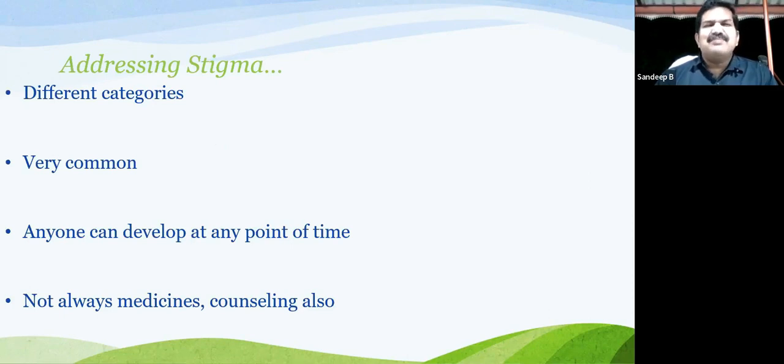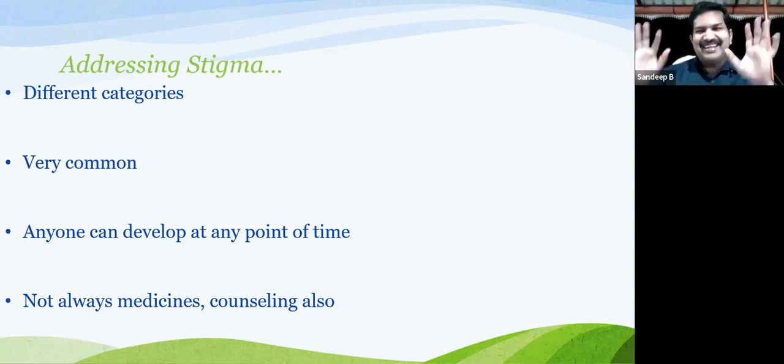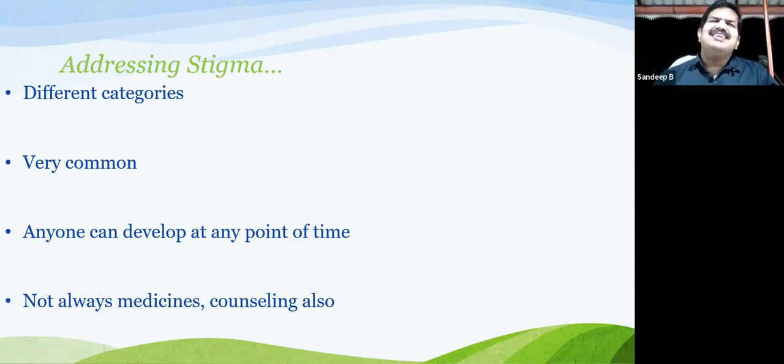And addressing the stigma, we need to understand that there are many different categories of psychiatric syndromes. Many people think that if I go to a psychiatrist, everybody will think that I am mad, or use that kind of words. But actually, florid psychosis and mania comprise only a very small fraction of patients.